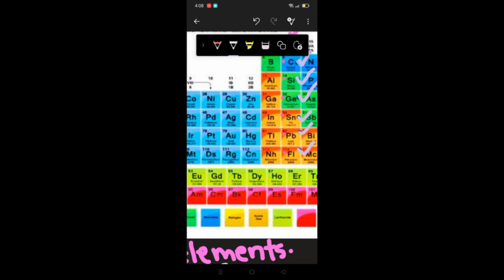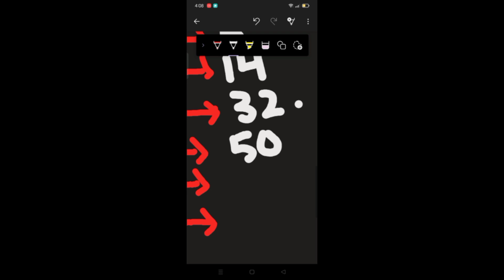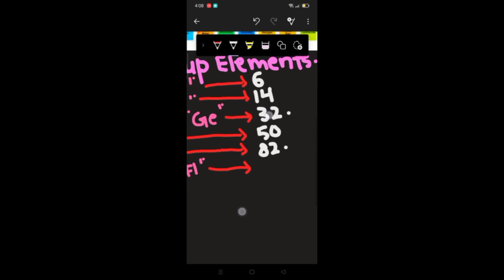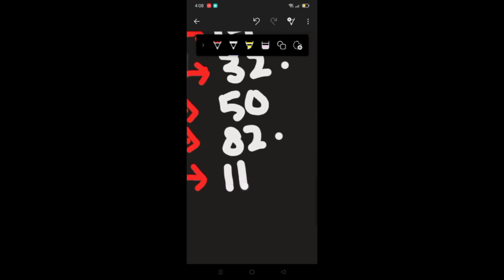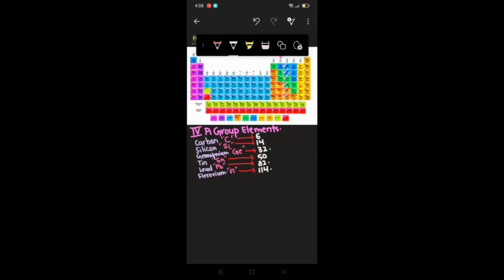Then we have lead. Lead has atomic number 82. Last but not least, we have flerovium, and flerovium has atomic number 114.